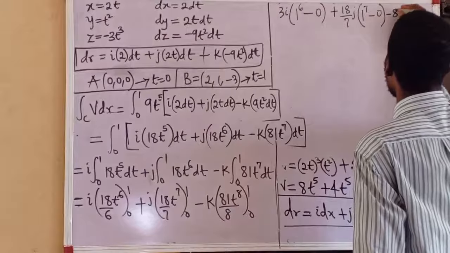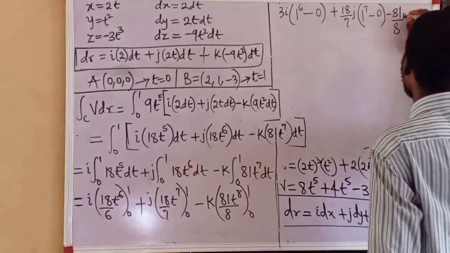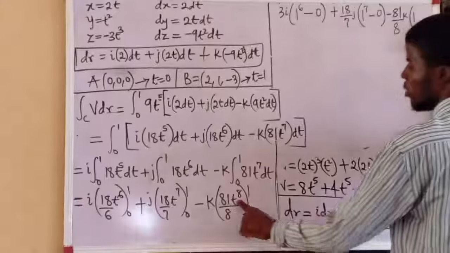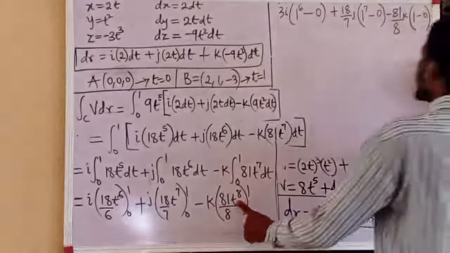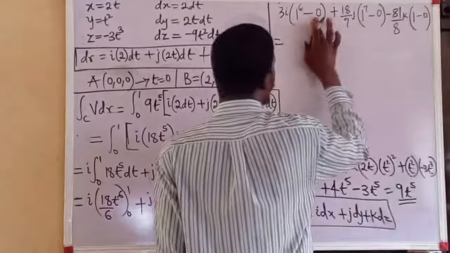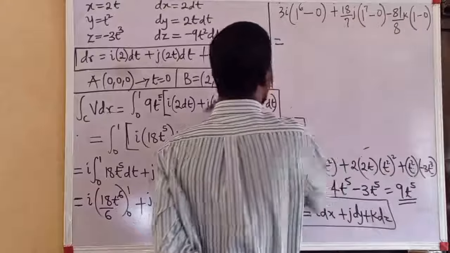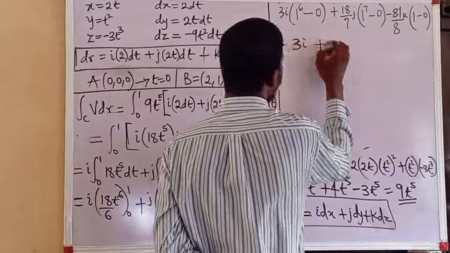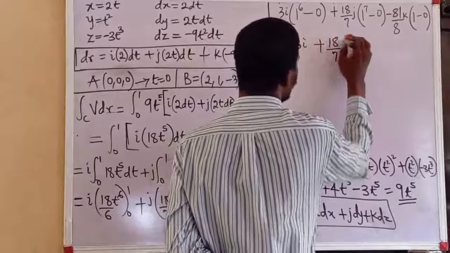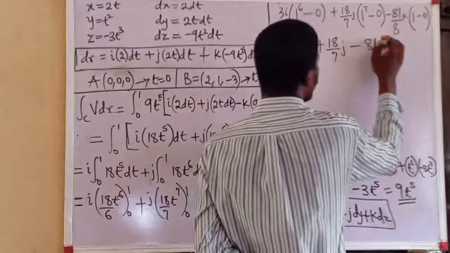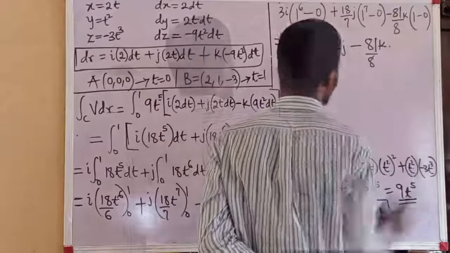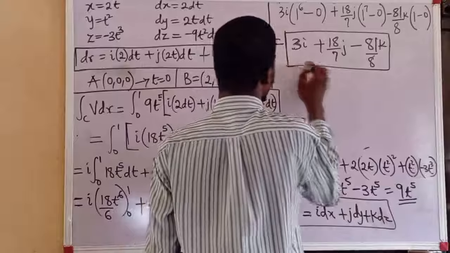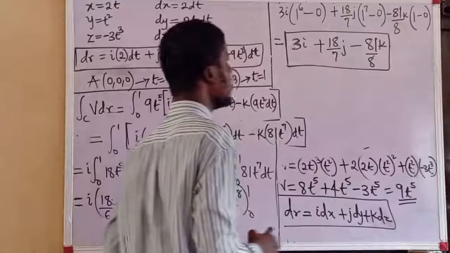We have minus 81 all over 8 into k. Plug in 1, we have 1. Plug in 0, we have 0. So this is simple. 1 minus 0, 1. So we have 3i plus 18 over 7 j minus 81k upon 8. And this gives the line integral of v along the curve.